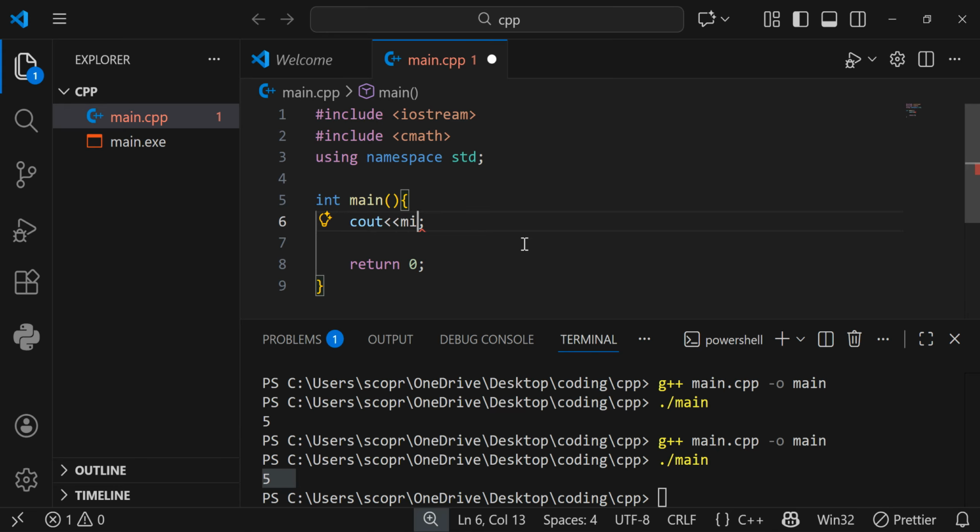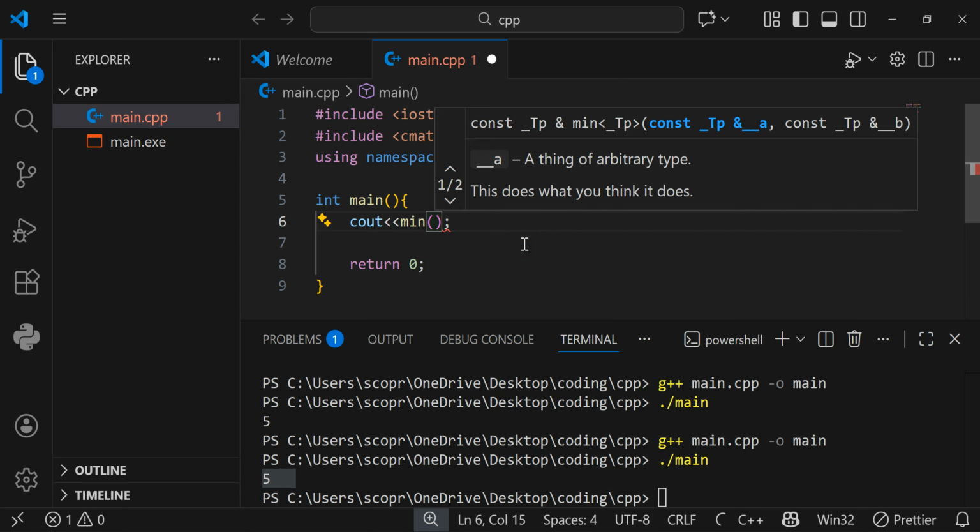If we have min like that, as you can see here, this one can take multiple values. We shall take a look at these template parameters later.